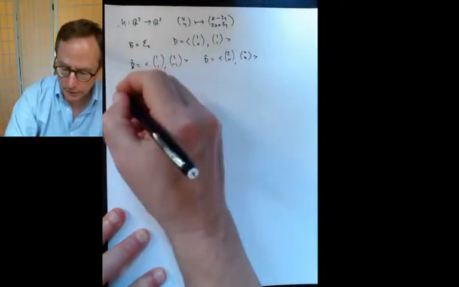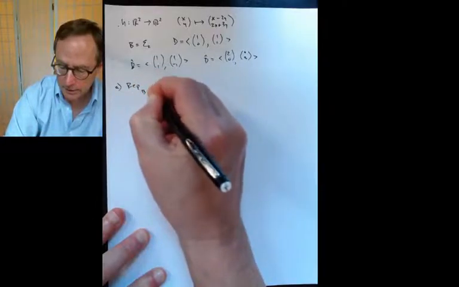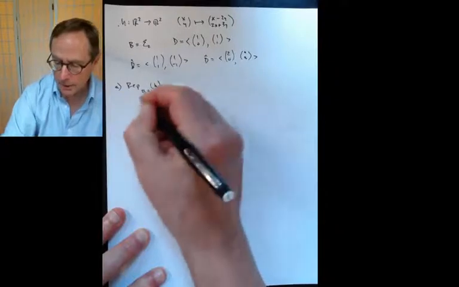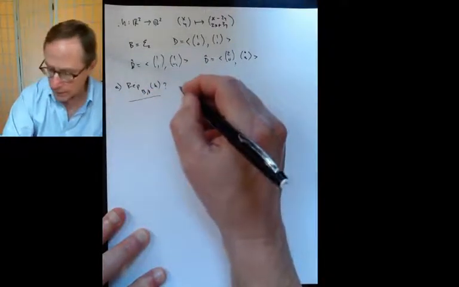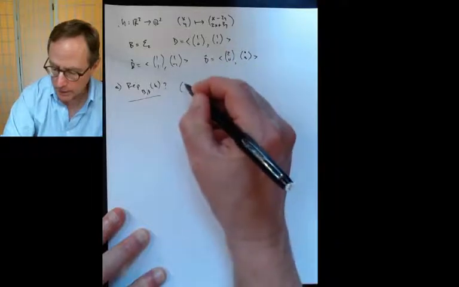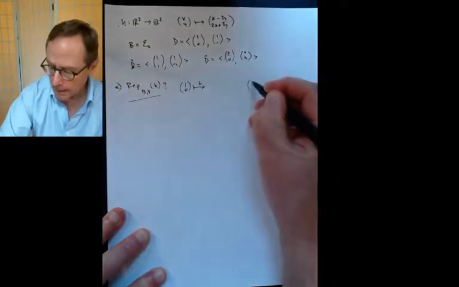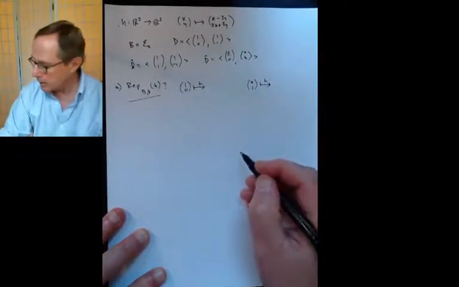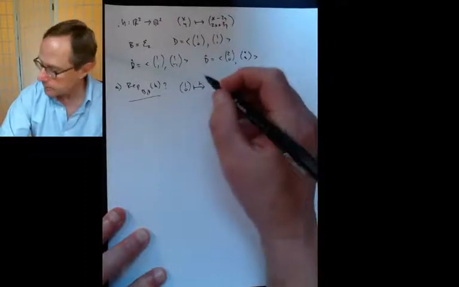So first thing I want to do is represent with respect to B comma D the map lowercase h. I've got to figure out where the elements of B go under h. I think if you apply h to (1, 0), you get (1, 2).